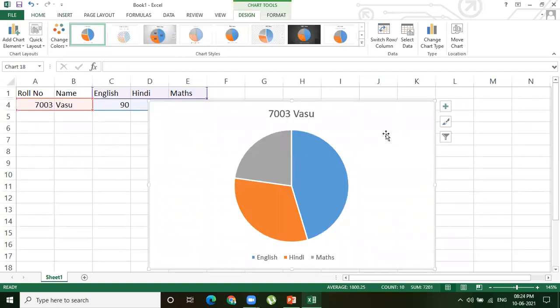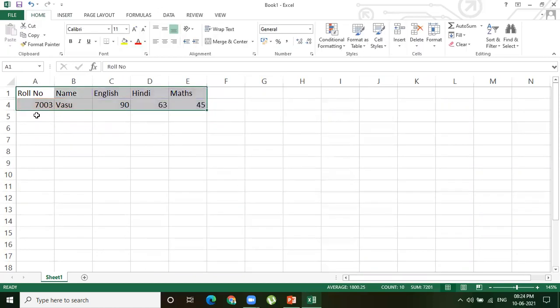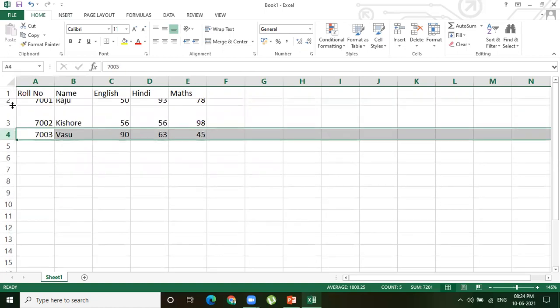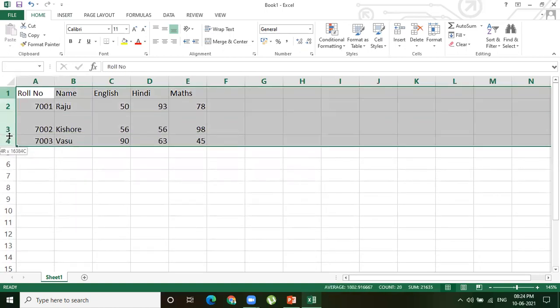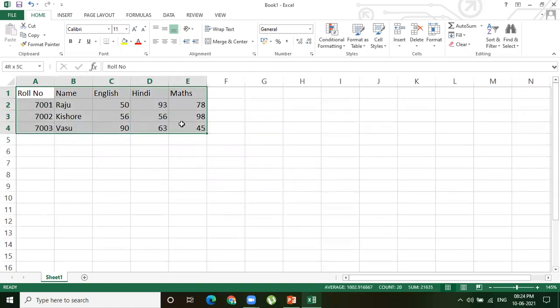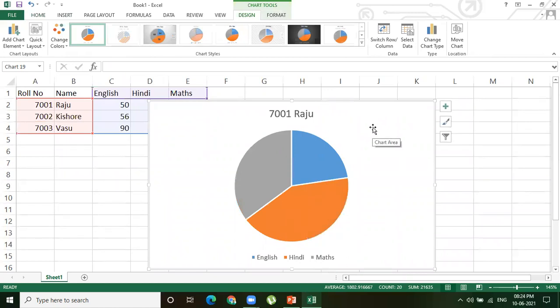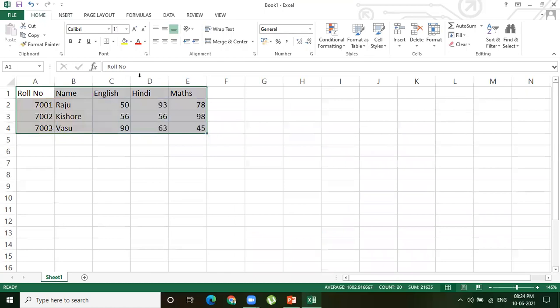It displays only for one student. Even if many students and many subjects are there, it shows only one student's pie chart. That is why the point I have mentioned here, it always shows only one data series. Okay, right. This is about pie chart.